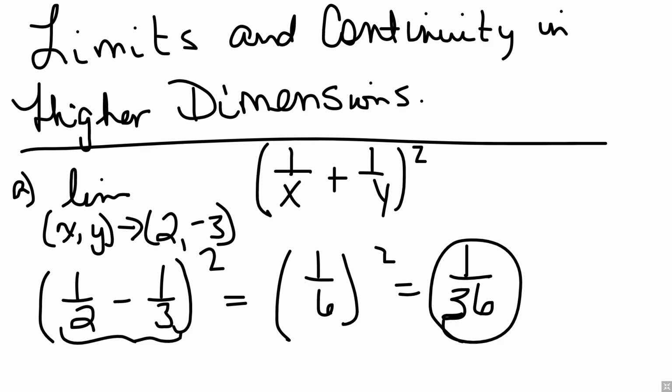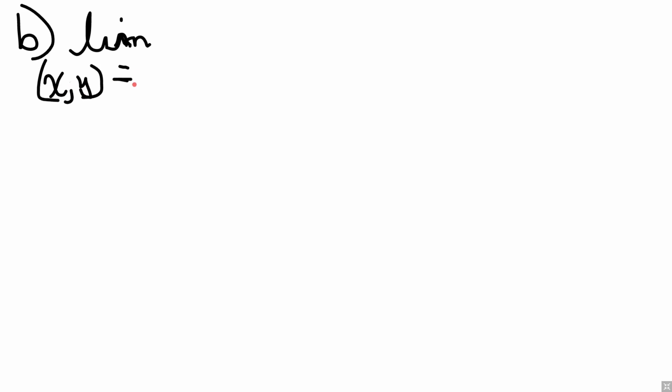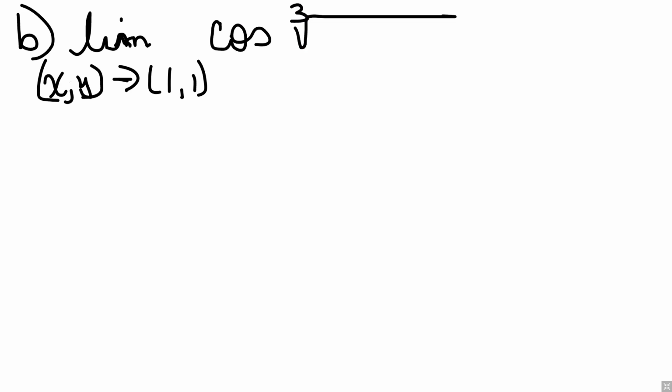Okay, all right, next example. We have the limit as (x, not x, it's y) approaches 1 of cosine of the cube root of the absolute value of xy minus 1.